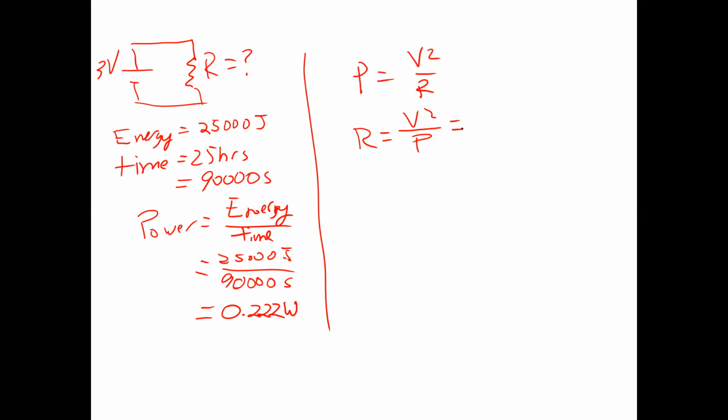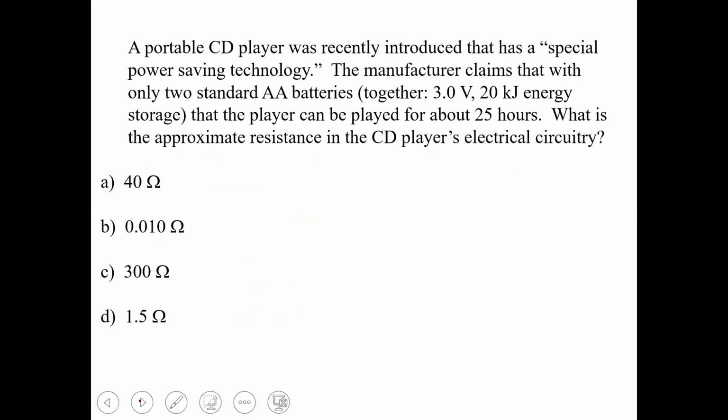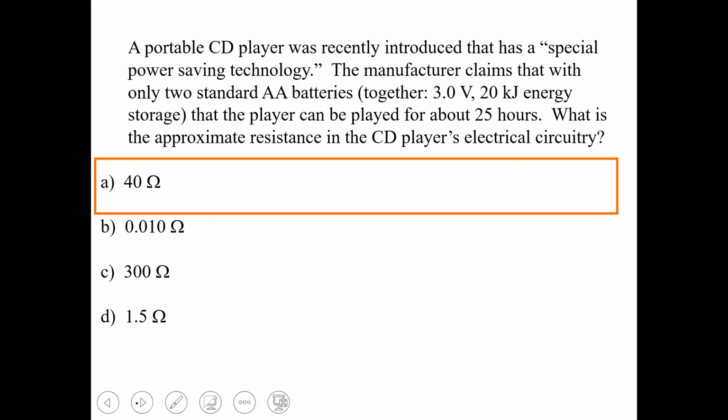That now is 3 volts squared over my power, which is 0.22 watts, gives me 40.5 ohms. So if you pick choice A, 40 ohms, then you were right.